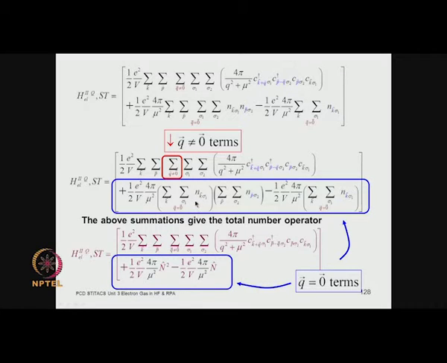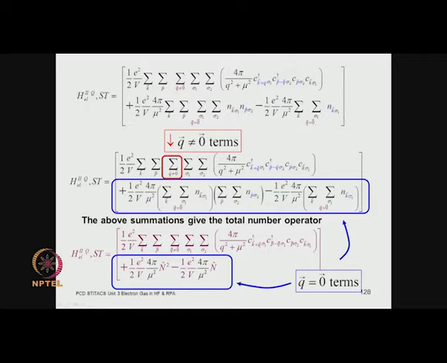So, essentially you get from here one total number operator capital N, from here you get another total number operator which is capital N. So, you get N square from these two terms, and from this you have only one total number operator coming from this term which is written over here, and both of these are coming from the q equal to 0 terms.